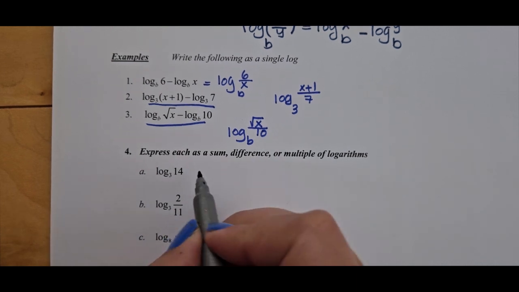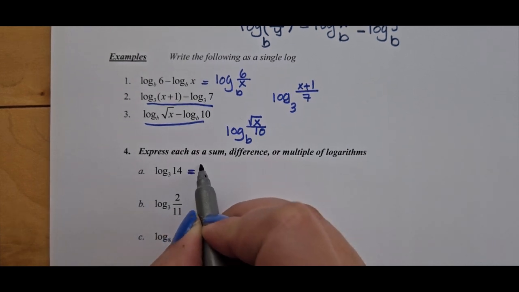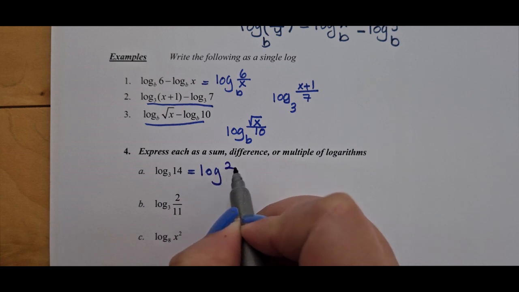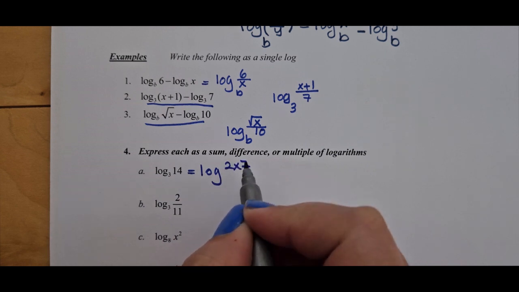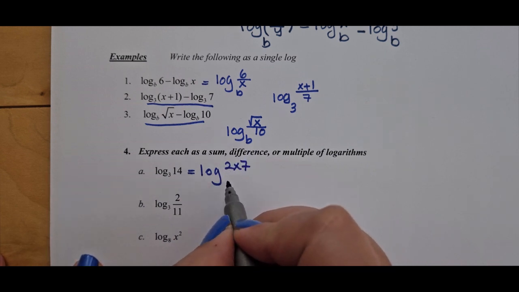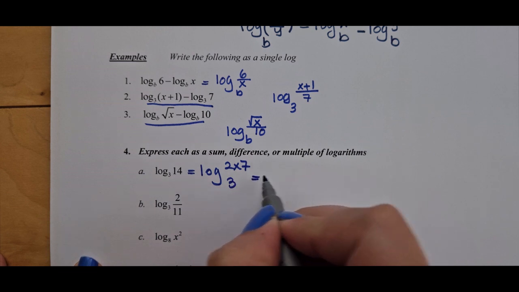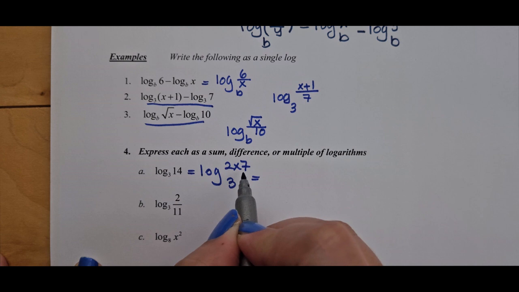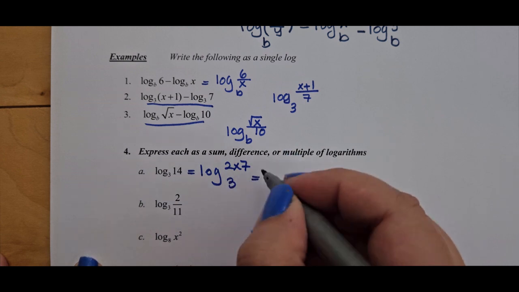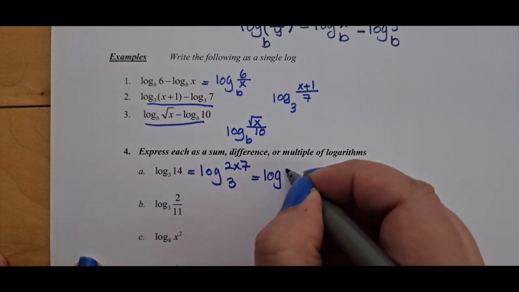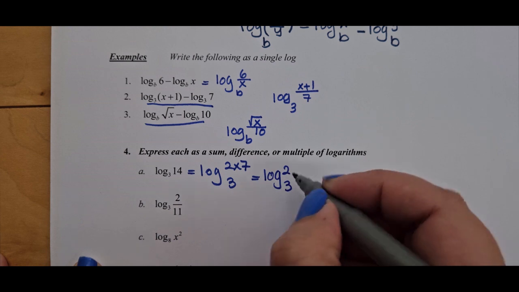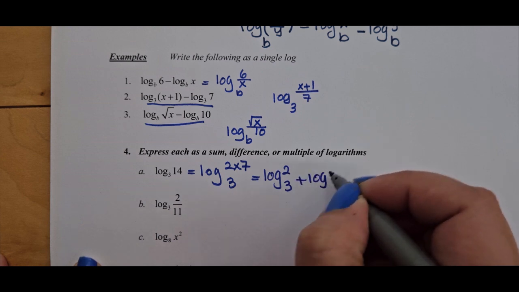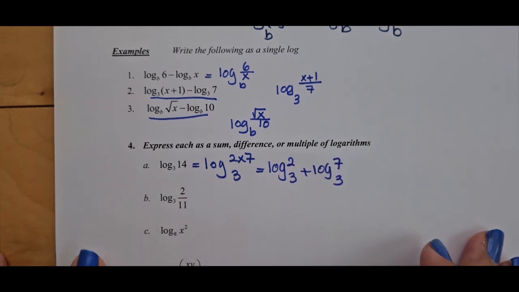So let's say here, 14, I can write it as 2 times 7, and then the base would be 3, right? So what I can rewrite here, remember guys, this is the product rule. Okay, so I can write it as log 2 to the base 3 plus log 7 to the base 3.